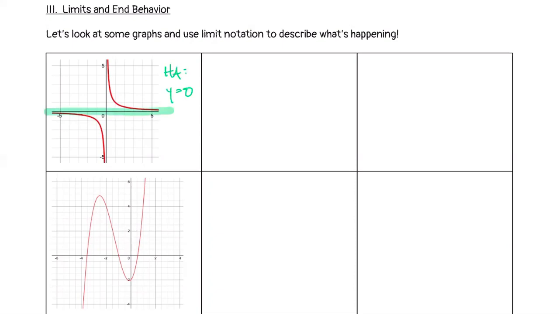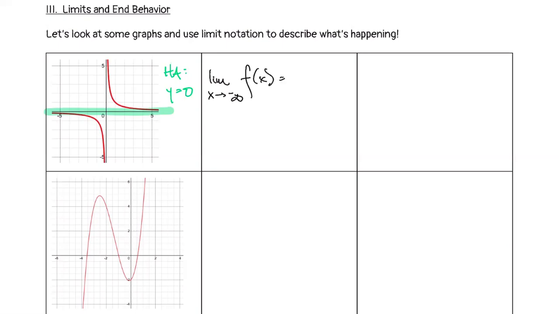Now, similar to when we did the trig stuff at the beginning of class, I want to know what is the limit as x approaches negative infinity of this function?